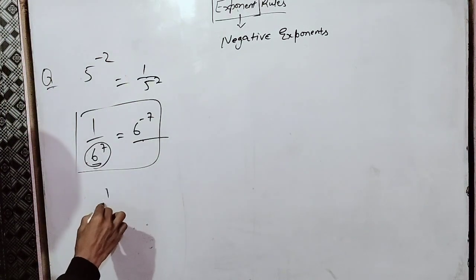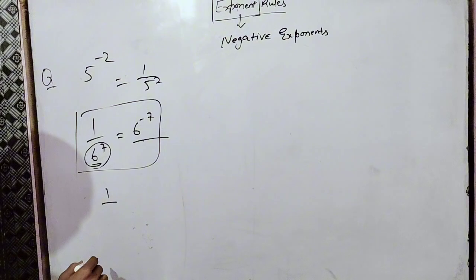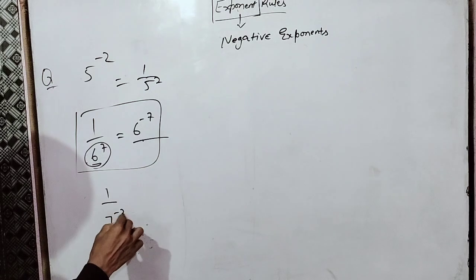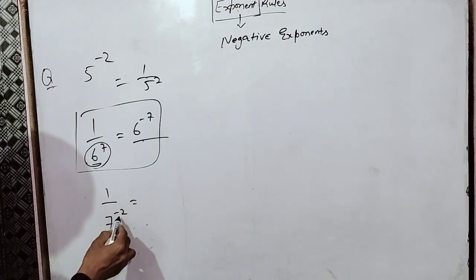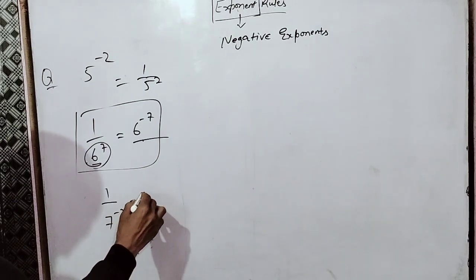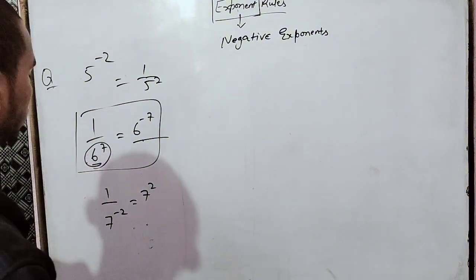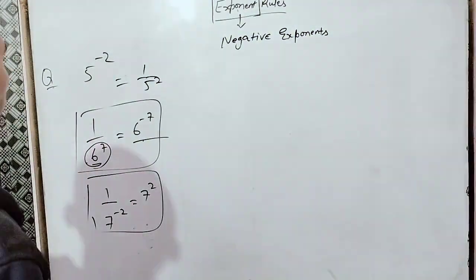Now 1 by what? 1 by 7. So here we will change the sign of the exponent, so 7 raised to the power like that. Clear?